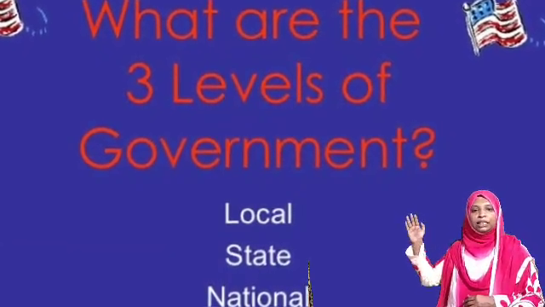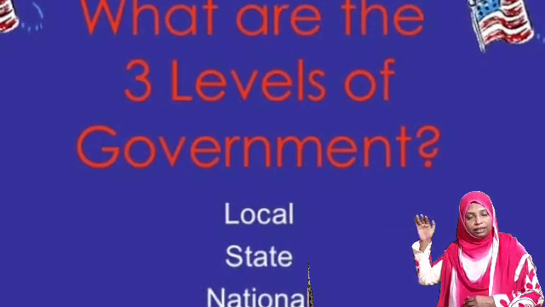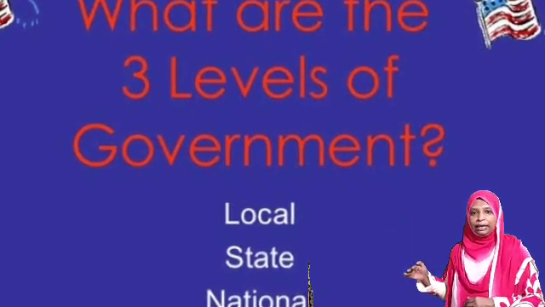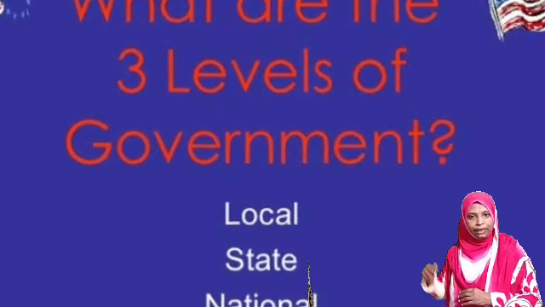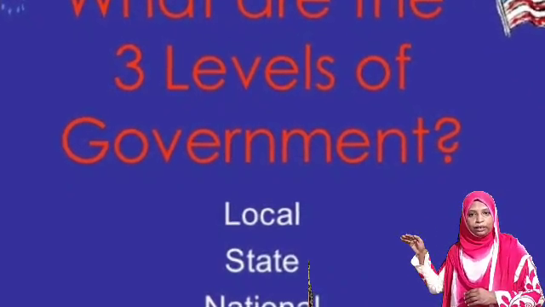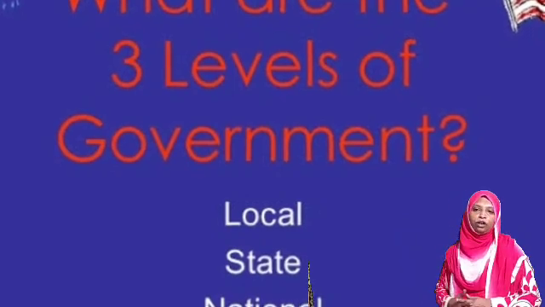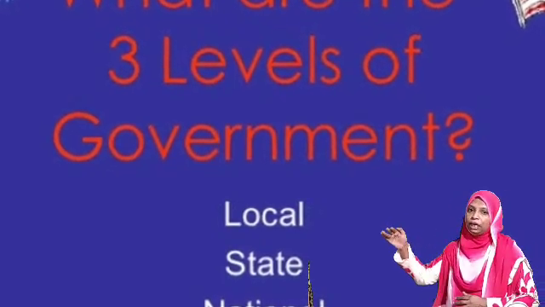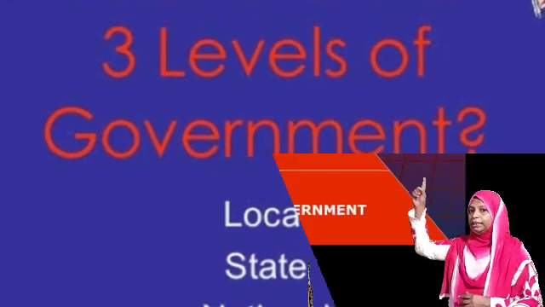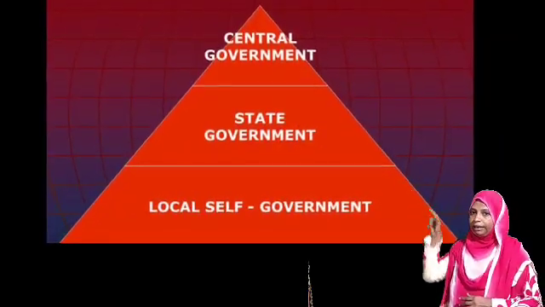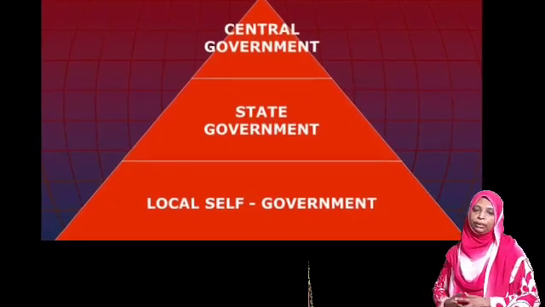But by the national government alone, it is very difficult to manage people in different corners of our country. That's why our constitution provided another level of government, the provincial government, or state governments. So, a national government at the top and a number of state governments will also be there.